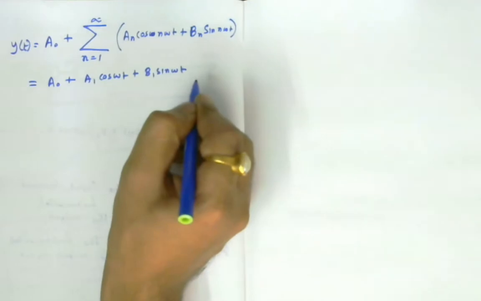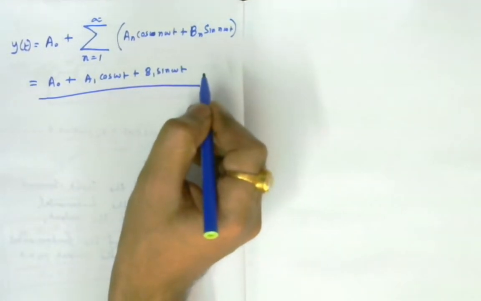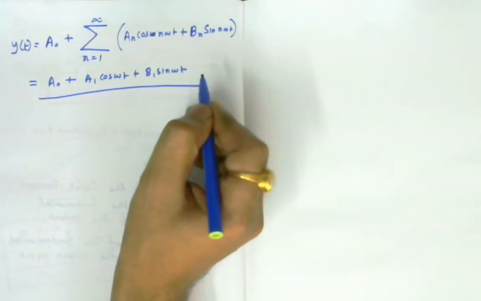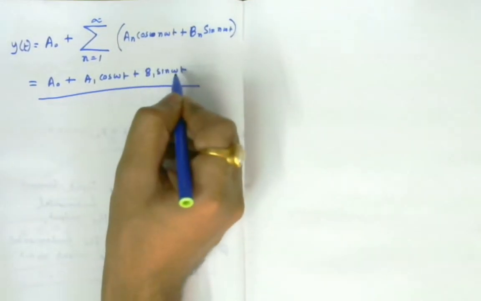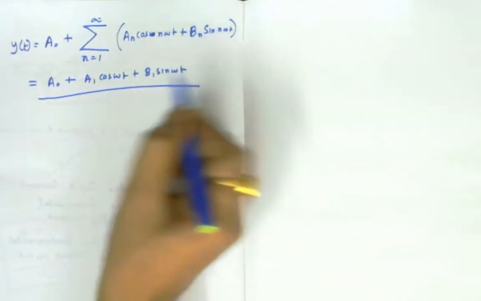Is it all right? Now the fundamental component comprises of a cos component and a sin component.